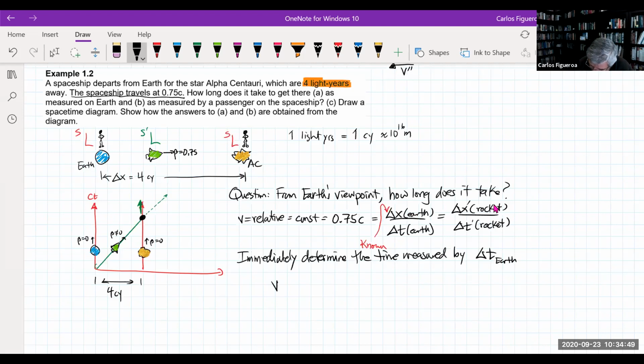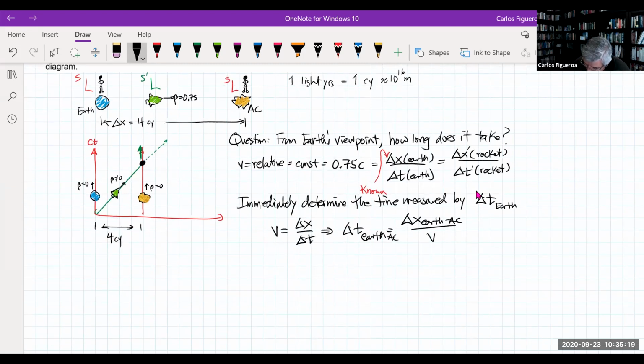Well, if I know delta x and v, then clearly I can get delta t of Earth as being delta x of Earth to Alpha Centauri, maybe I should be saying AC here, divided by the relative velocity.